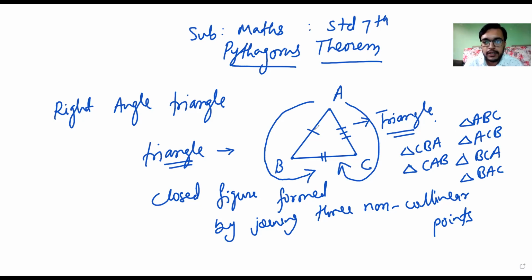Now, depending upon the length of side of triangle and measurement of angle, right? A triangle has three sides, three angles, and three vertices. Now, vertex means where the two segments intersect, where the two segments join each other is called vertex. This is called vertex A, vertex B, and vertex C, right? So this is a triangle.